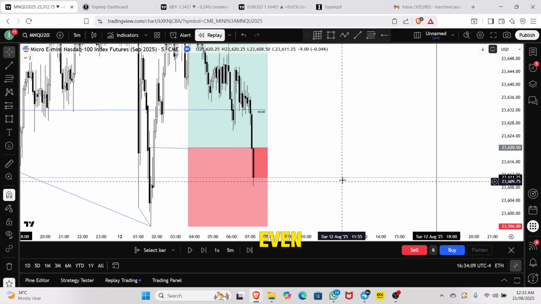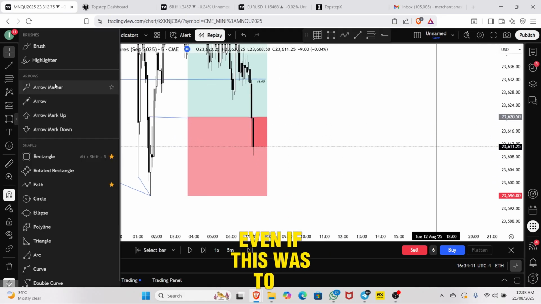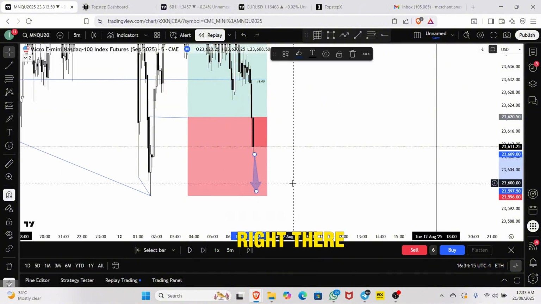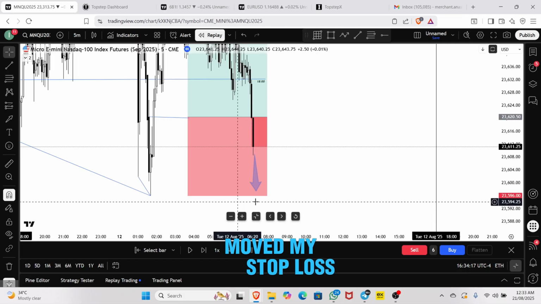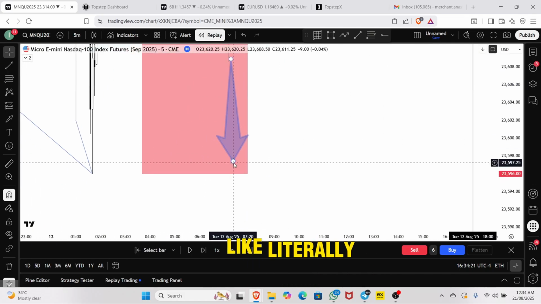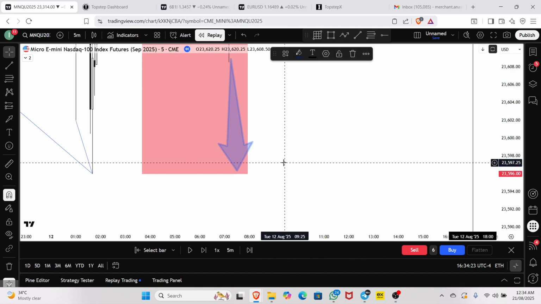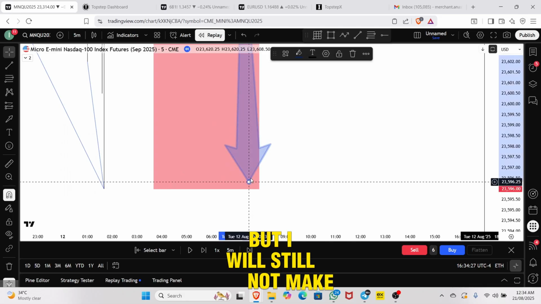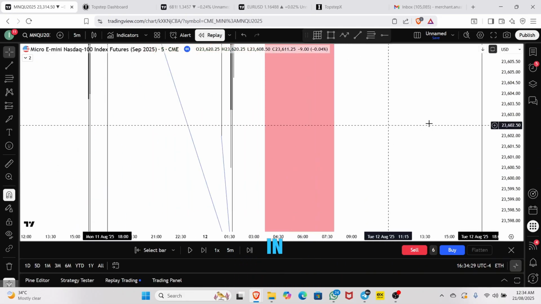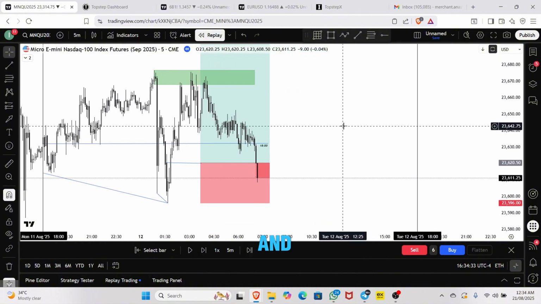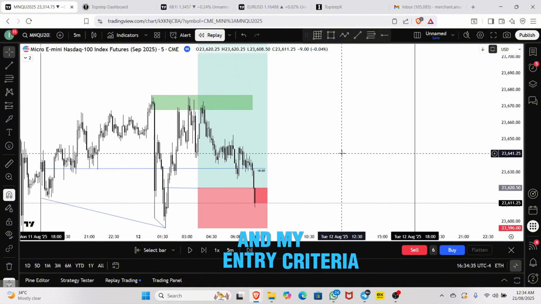Even if this was to come here, I would not have moved my stop loss. Even if it came literally till here, and if the spreads took me out, whatever, I will still not make a single change in my stop loss. Why? Because it's predetermined for me and my entry criteria.